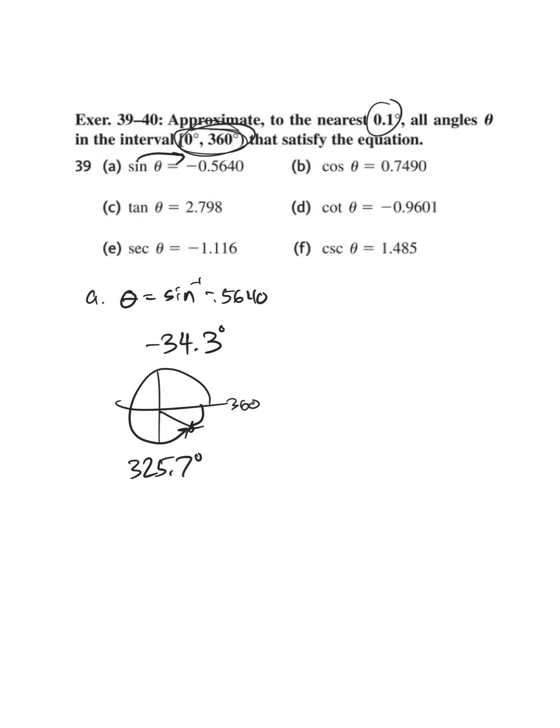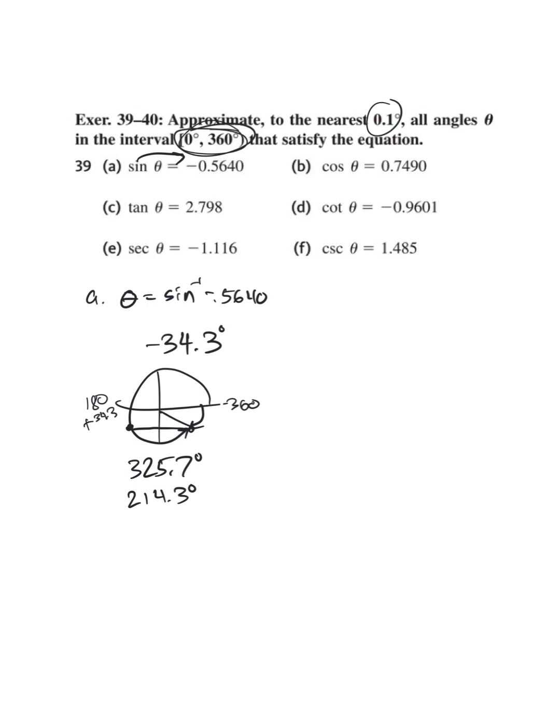And again, this is the theta that gives you the y value. Well, remember, you have one over here too. So we can do 180 plus the 34.3, and that gives us 214.3. So if you take the sine of those values, there are two possibilities.